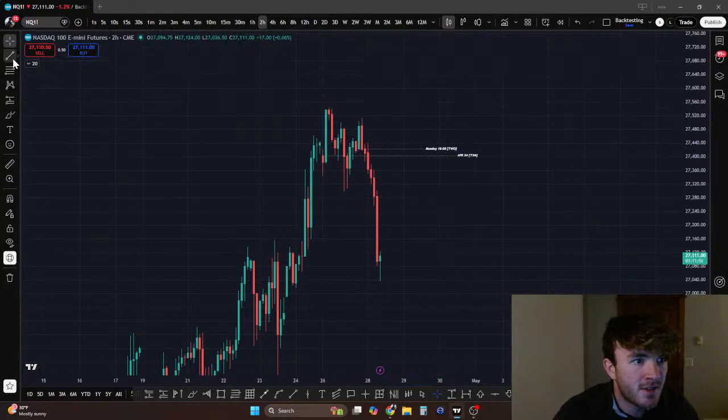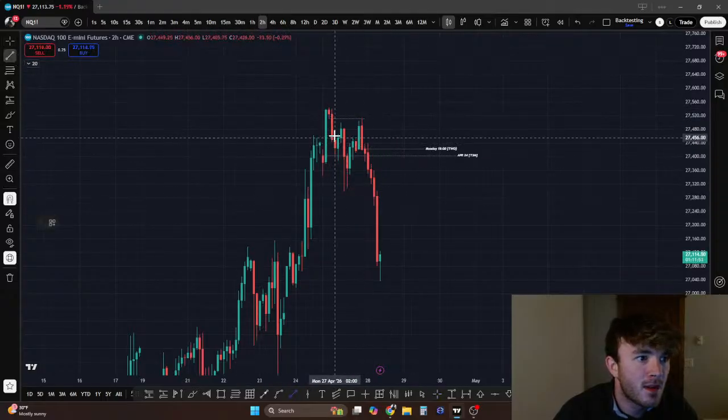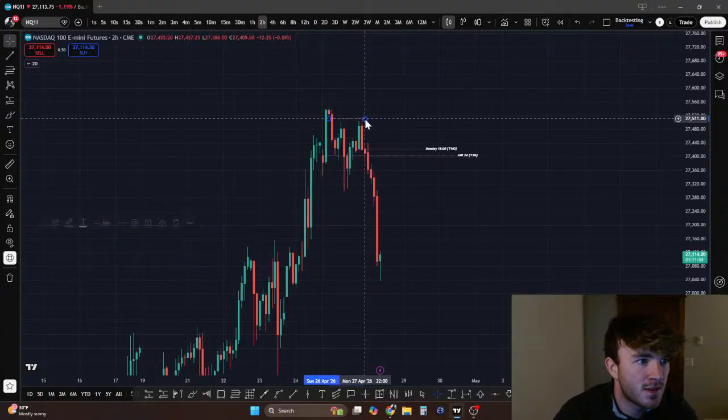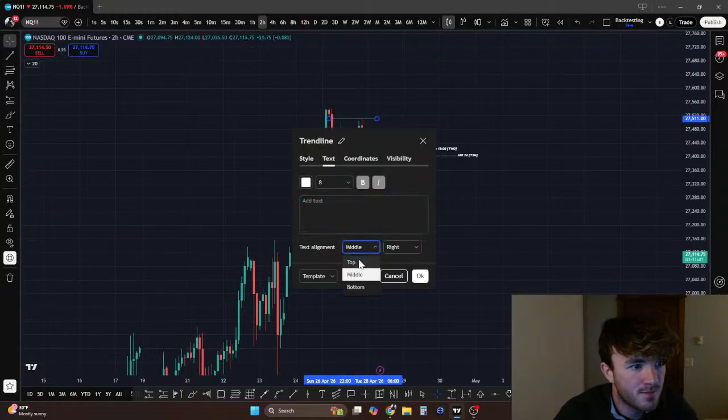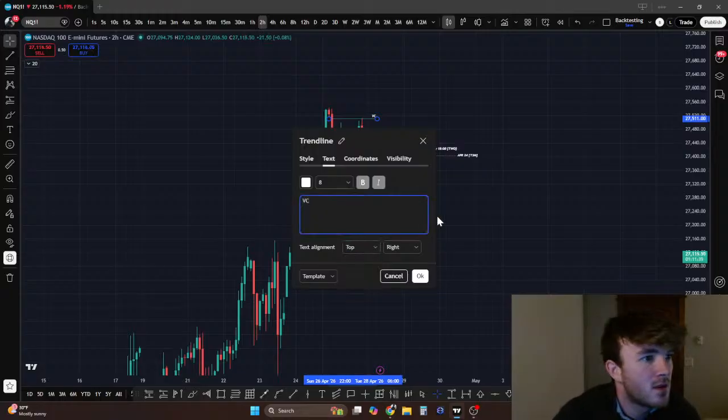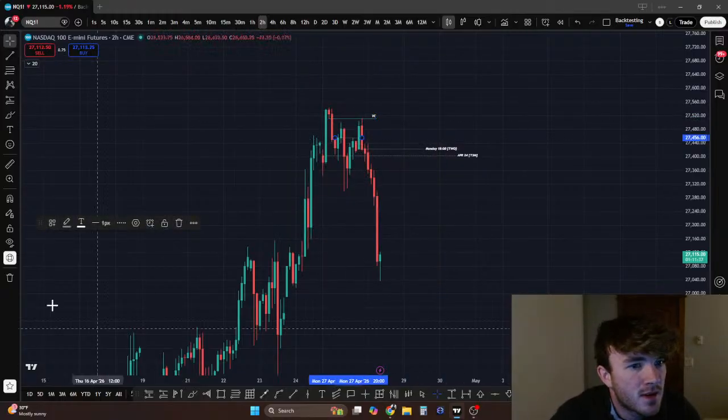So you see how this is a Venom BPR here, and then the high here is that Venom candle. And there's the low.